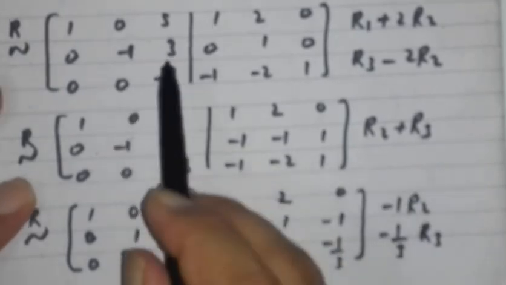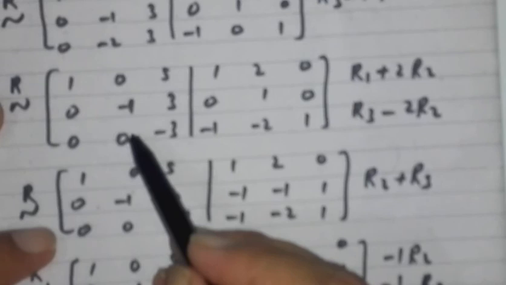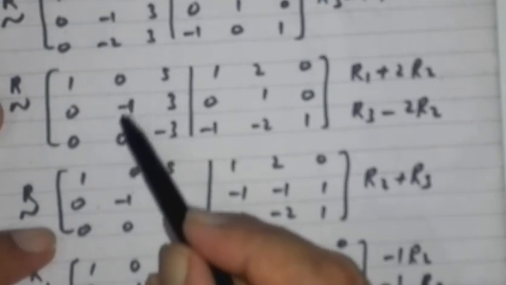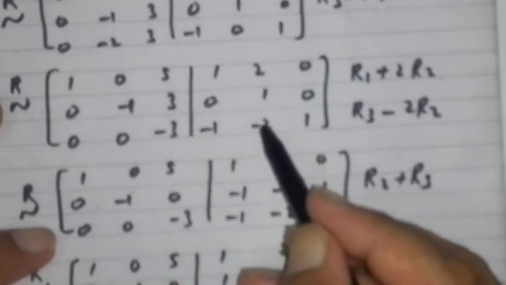Now R2 plus R3, add this row with this, so 0 minus 1, we get here minus 1, minus 3 plus 3, we get 0, minus 1 plus 0, we get minus 1, 1 minus 2, we get minus 1, and 1 plus 0, we get 1, and write the next row in its place.